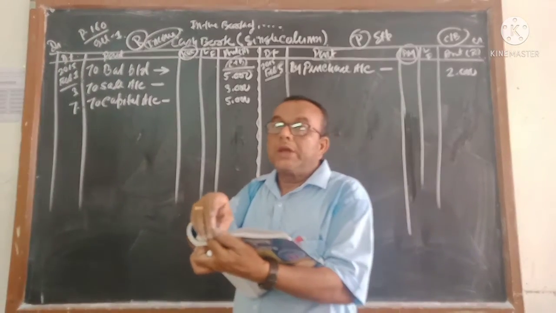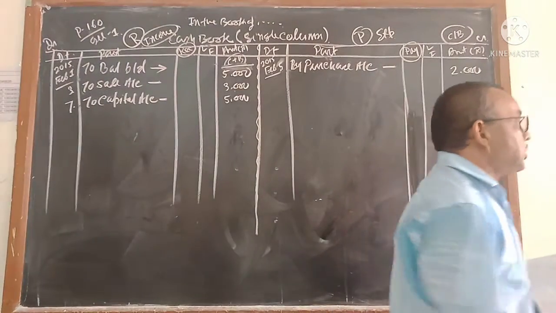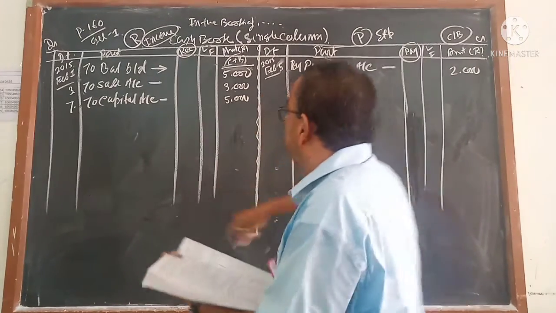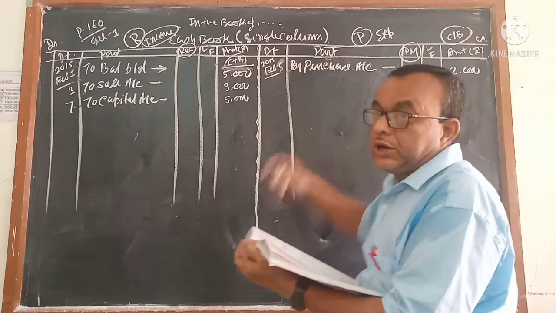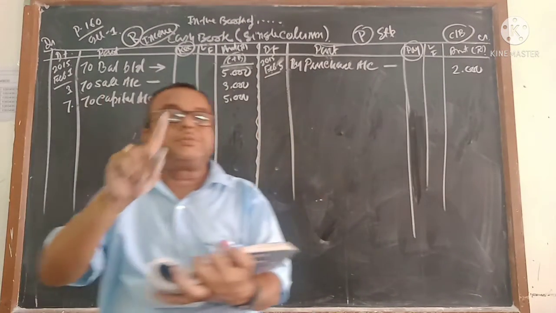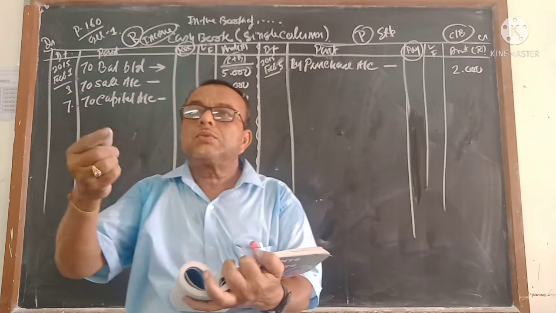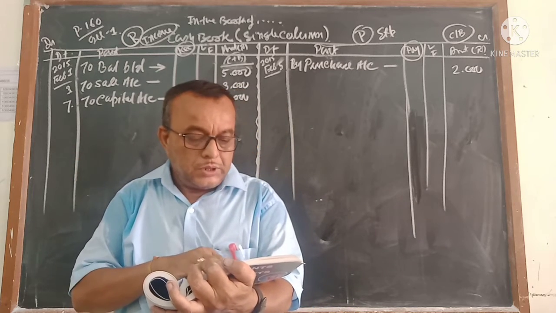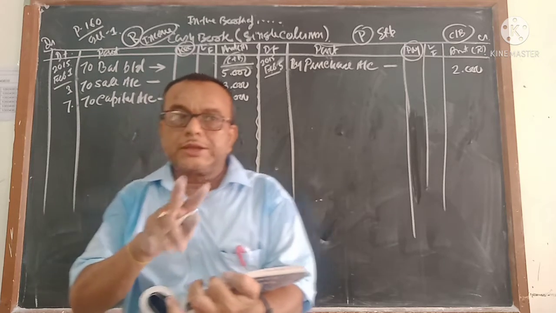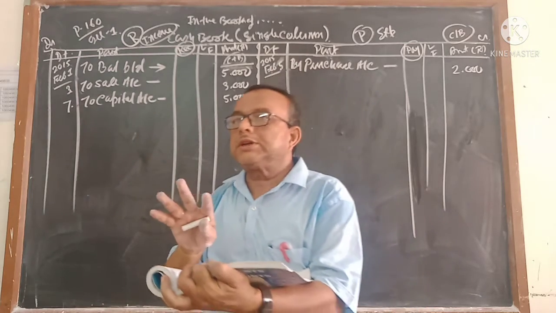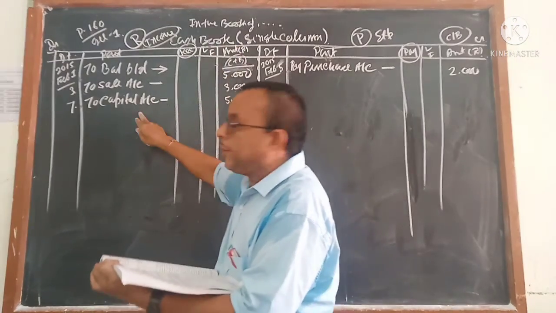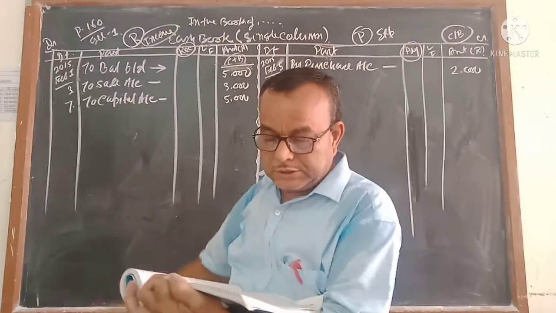Generally, if you are confused about what to write, to debit or by, which account you will write, the best thing is to think about the journal. What is the journal? Cash account debit to capital. This is the journal. Cash book and cash account are the same. Nothing else.